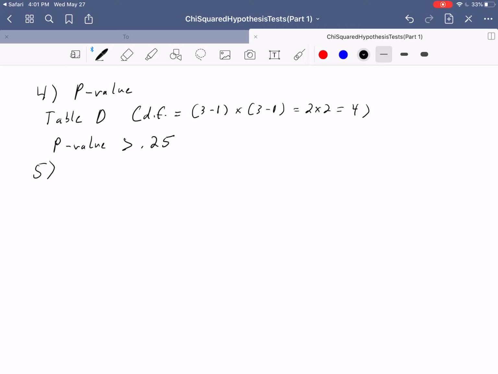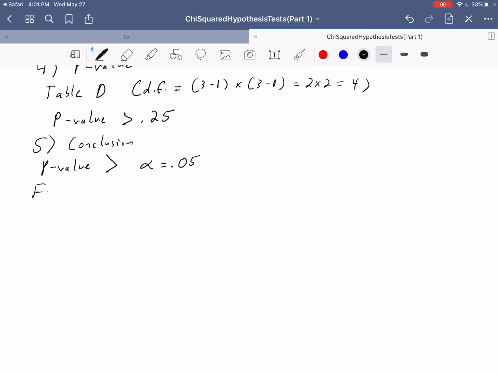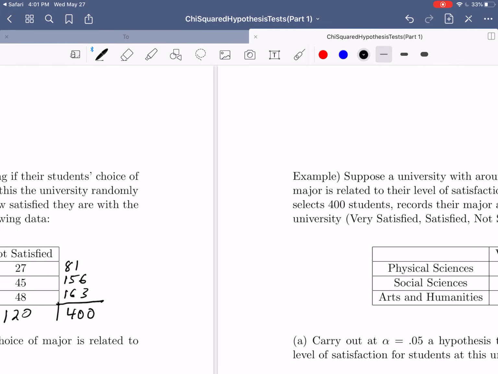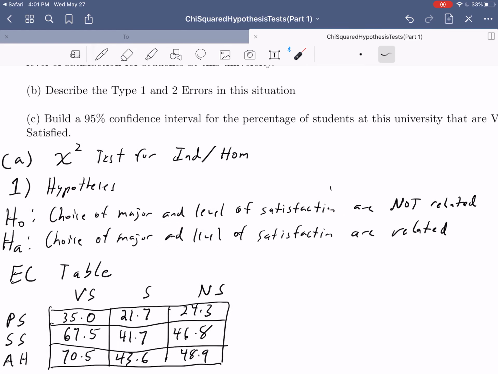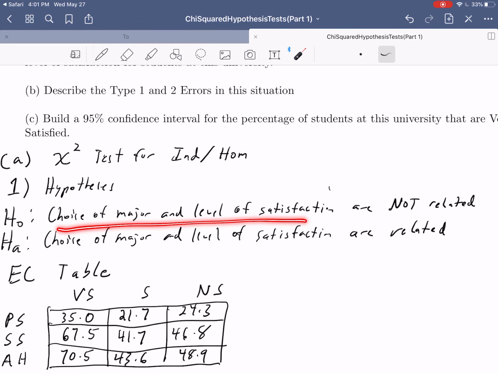Then we can go ahead and make our conclusion here. So we take that p-value, we compare it against the alpha of 0.05. The p-value is larger than 0.25, so certainly it is larger than 0.05. So we got a large p-value here, that means we would fail to reject H0. So if we go back to where we actually wrote out our hypotheses, we see no reason to throw this guy out. And this guy was that the choice of major and level of satisfaction are not related.